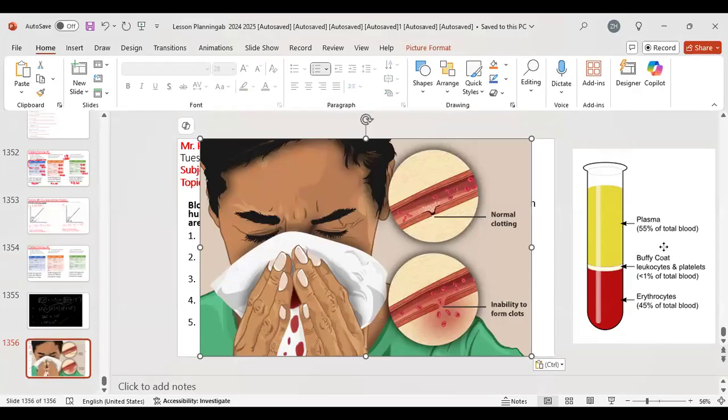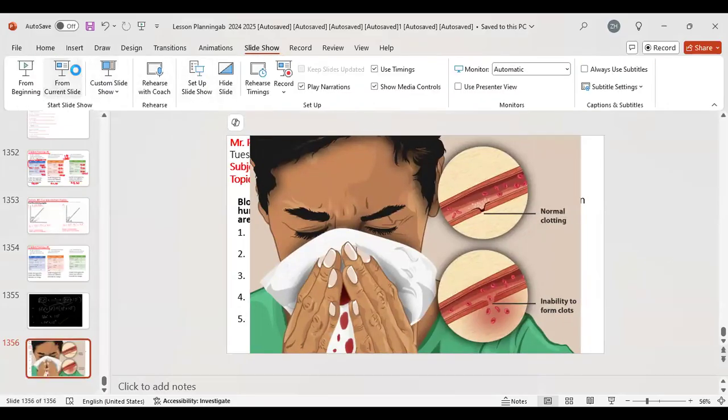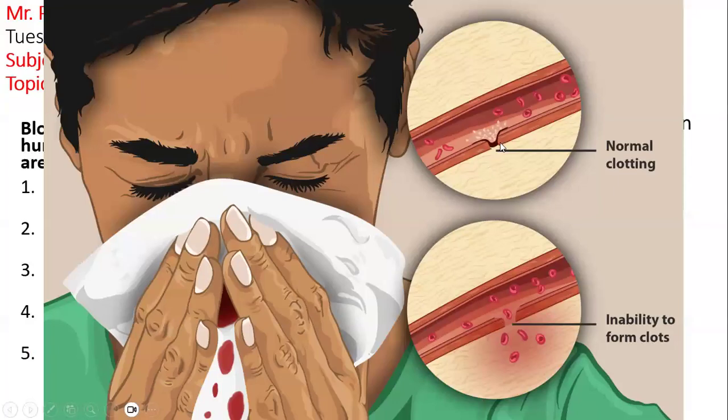As you can see in this picture, normal clotting prevents the bleeding from continuing. But in this one, blood is not clotting, so it's not good.